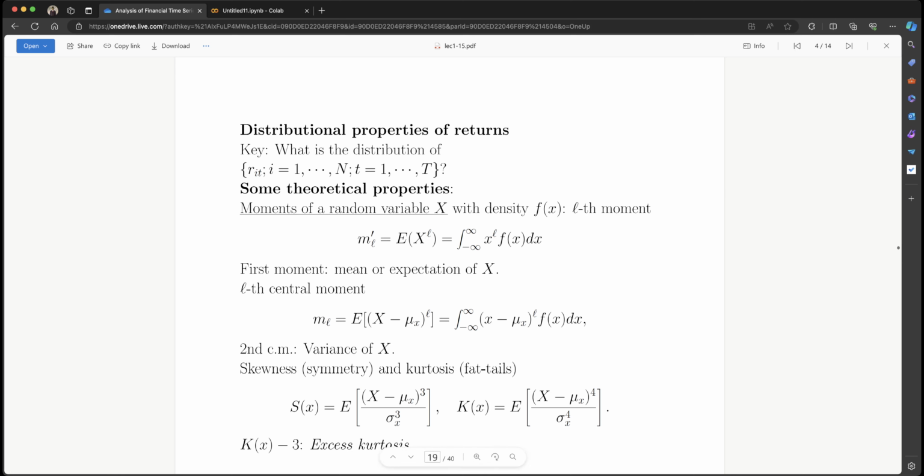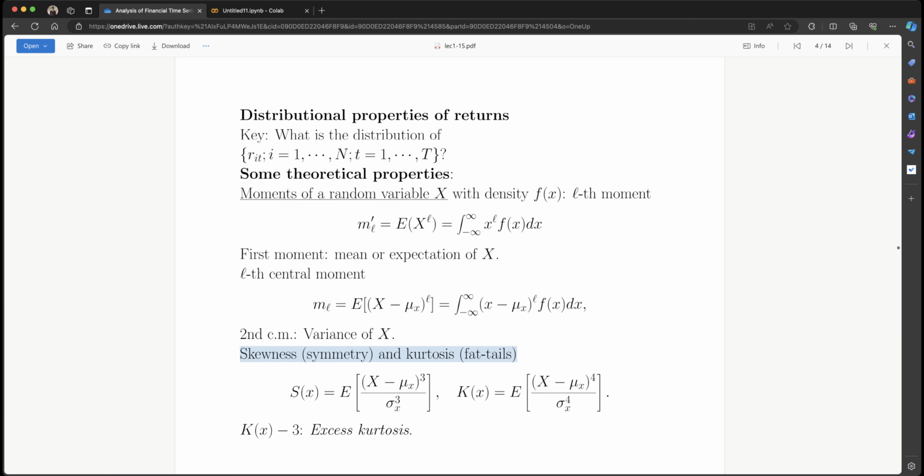Now we have two other important concepts: skewness, which measures symmetry, and kurtosis, which measures fat tails. The definition of skewness, which measures the extent of symmetry, is the third central moment normalized by the standard deviation to the power of 3. Kurtosis is the measure of fat tail.